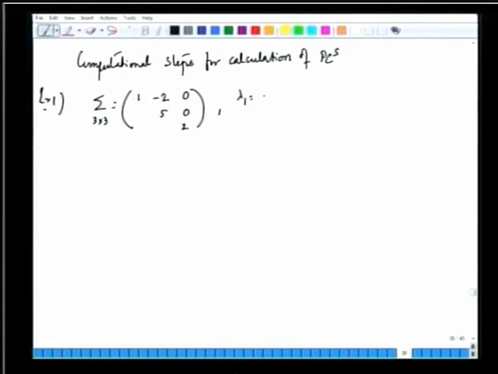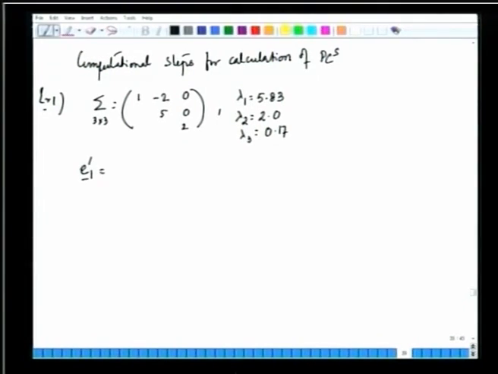I calculate the 3 eigenvalues and put them as lambda 1 equal to 5.83, lambda 2, the second one in magnitude, is 2, and lambda 3 is 0.17, all positive in decreasing order: 5.83, 2 and 0.17. Then I calculate the corresponding orthonormal eigenvectors.